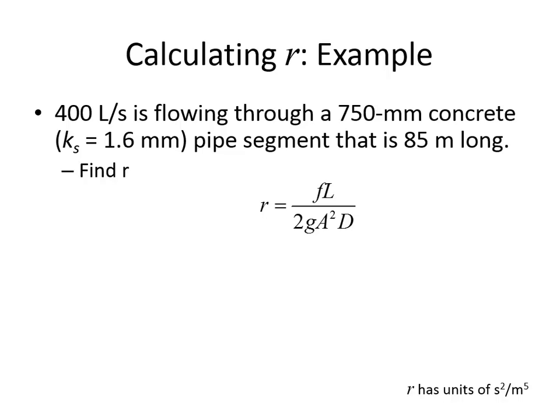For a diameter of 750 millimeters, that's 0.75 meters, which gives us an area of 0.4418 meters squared.